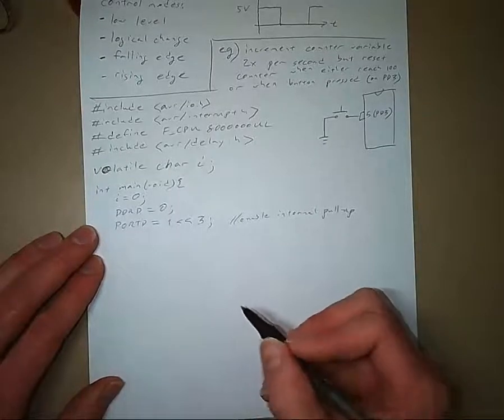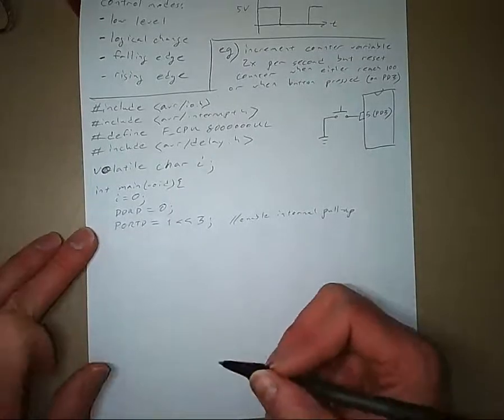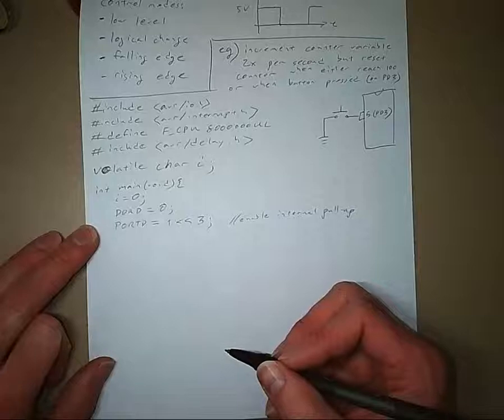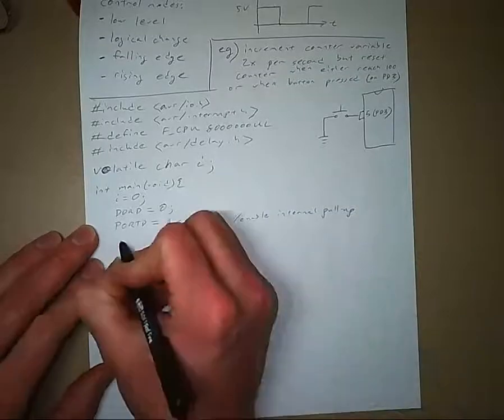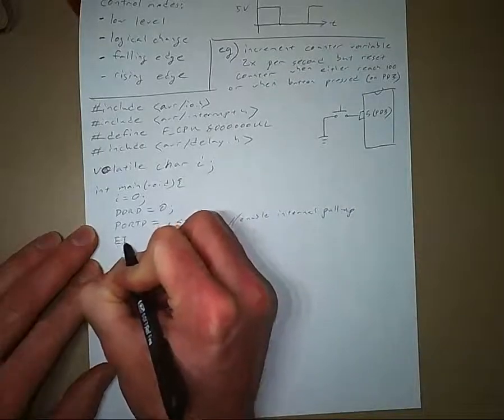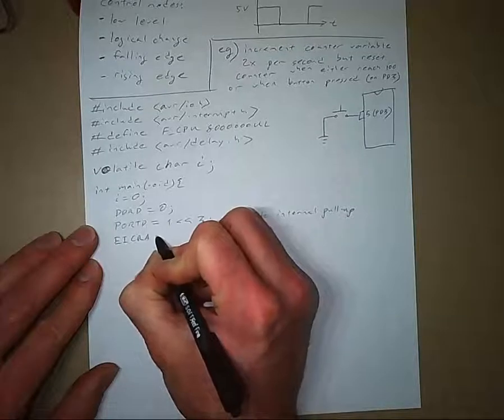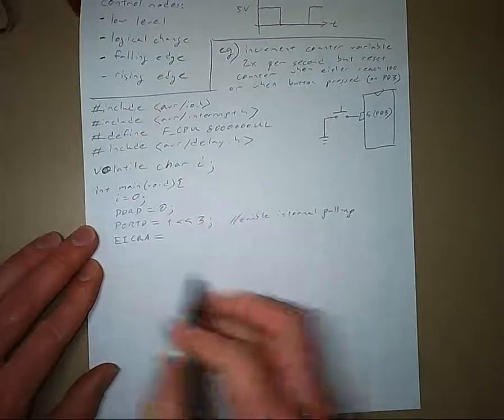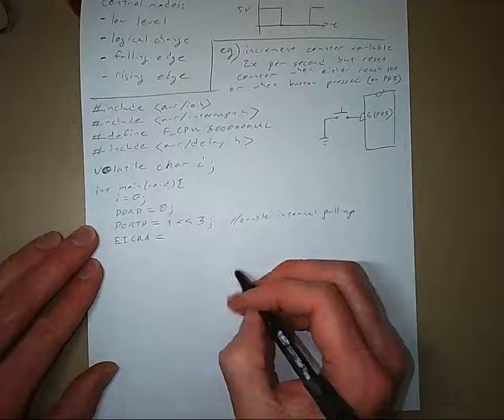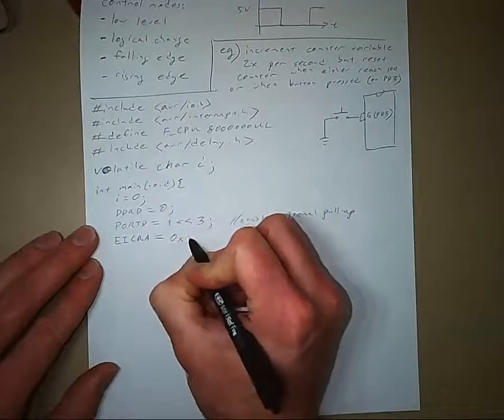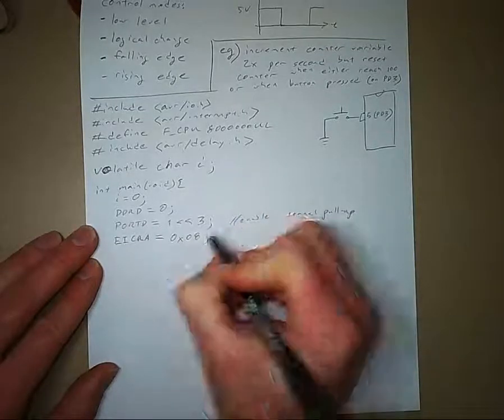And now we can go ahead and set up our interrupts for that external interrupt. And we'll write to EICRA, external interrupt control register A, and we're going to give that a value hex 08.